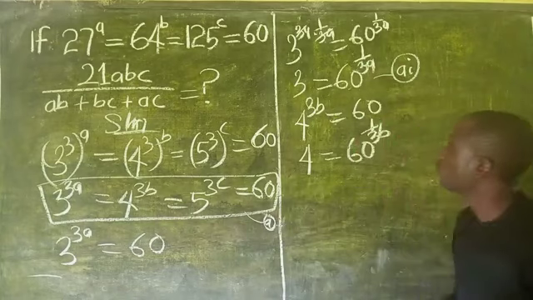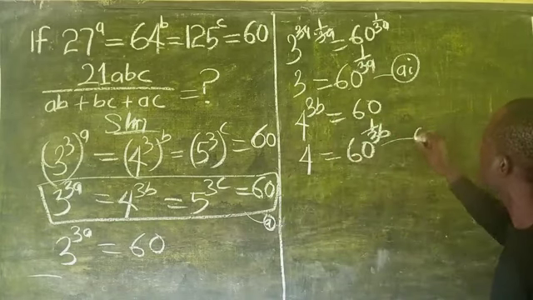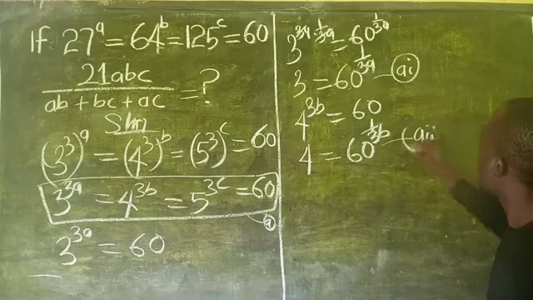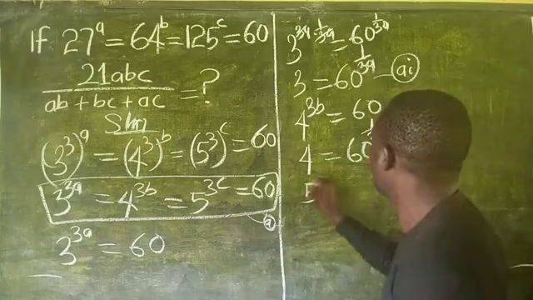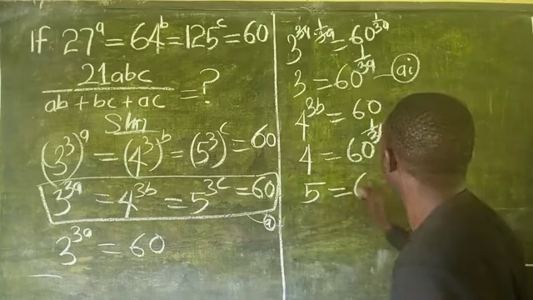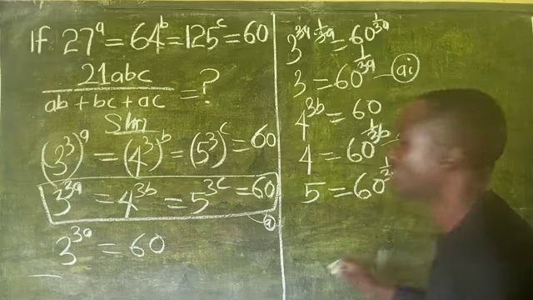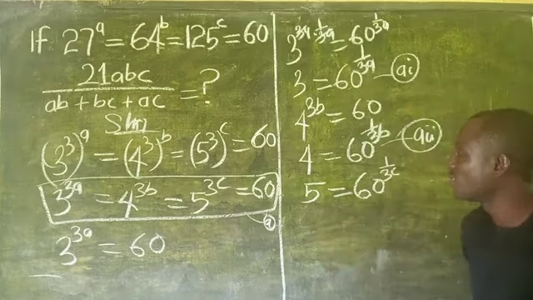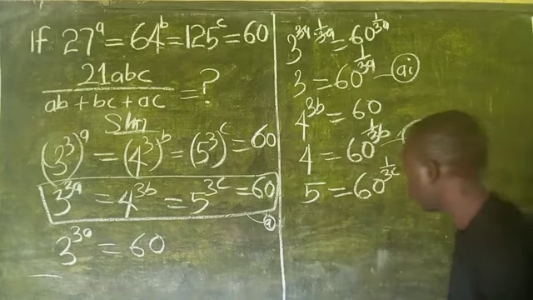We also call this equation aii. So we'll do the same for the third term, which is 5 equals 60 raised to power 1 over 3c. The same story.